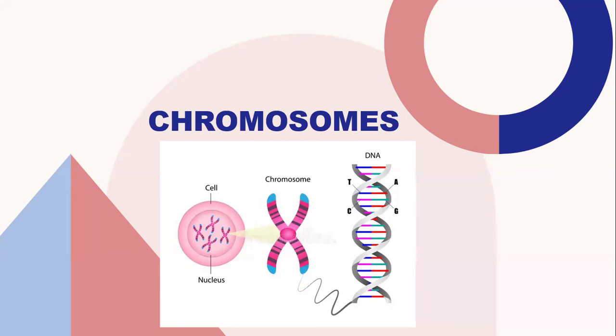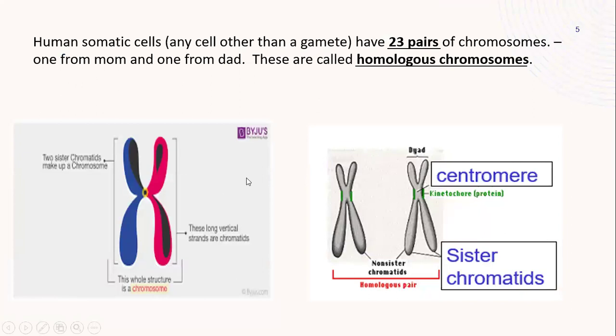So our chromosomes, we've said, are thread-like structures of DNA that we find in the nucleus. When we look at our chromosome, like we mentioned, it has two strands. The two strands of our chromosome are what we refer to as sister chromatids, okay? For every organism, there's a certain number of chromosomes that we have in the nucleus.